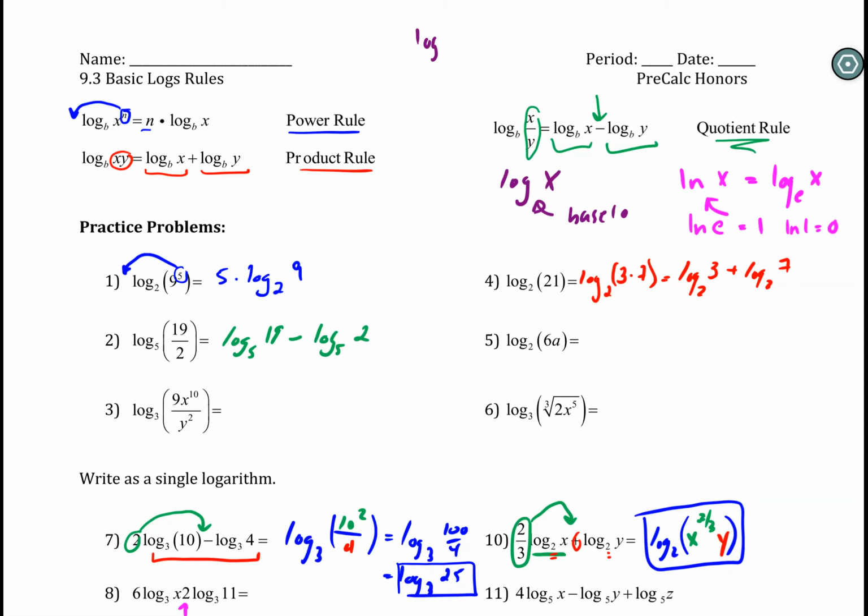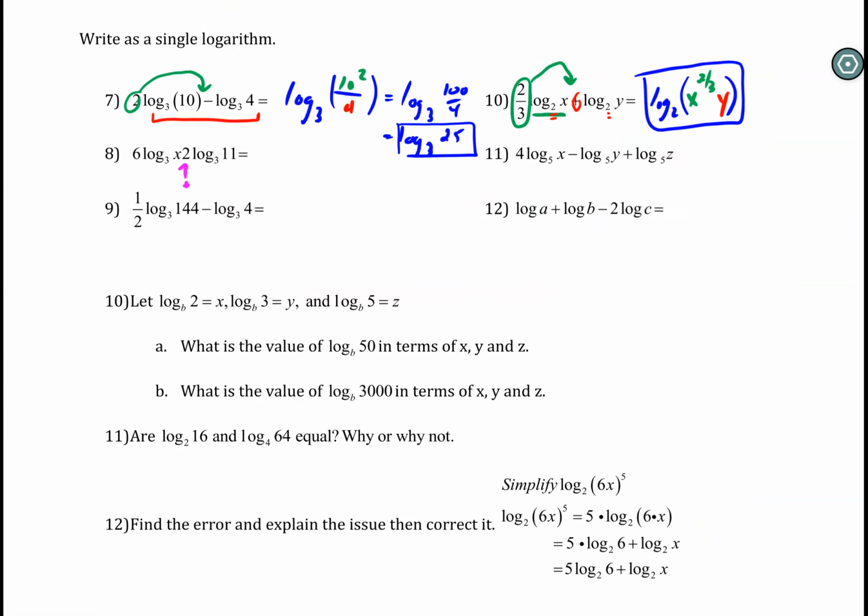So log of any number with a base of itself is equal to 1. So like log base 2 of 2 would be 1. The other one is log base 10 of 1 is 0. So those are important facts to know. They'll help you when trying to simplify things or solve things. So those are all little key notes to make sure you have written down somewhere.